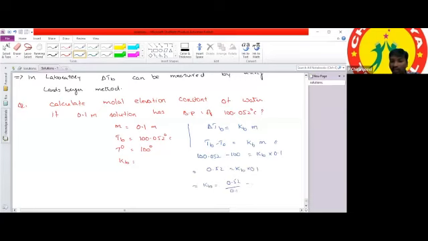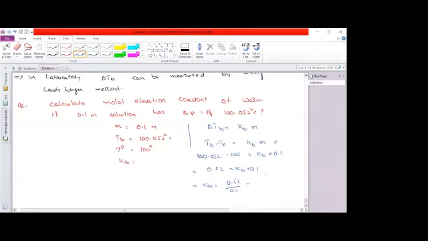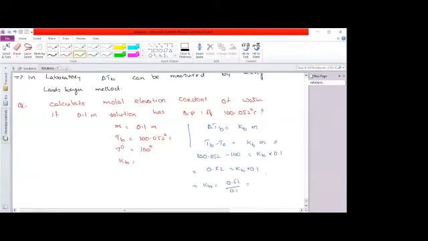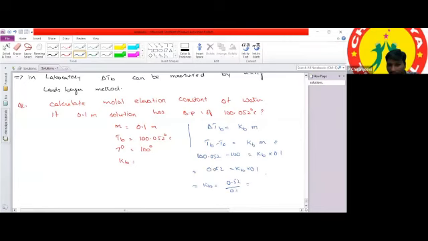What is the answer you will get? Kb value, any one of you? What is the final answer? Sir, 0.52. But I had given 0.052 here. I put the values differently.